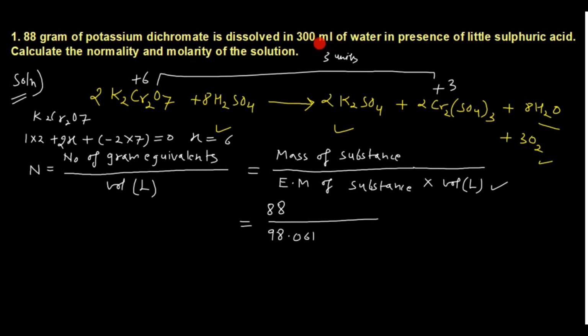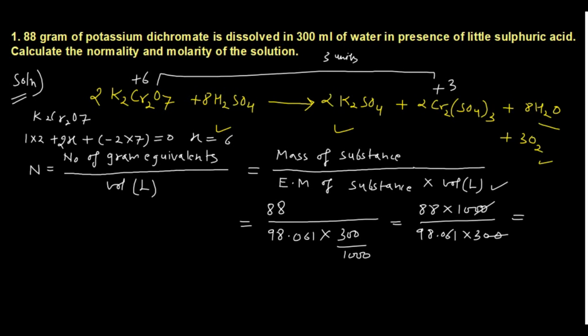So you need to convert this 300 ml into the liters. You know, when you divide 300 ml by 1000, then you will get the volume in the liters, right? So I am writing here 300 and I am converting it into the liters. So I am dividing it with the 1000, right? So what you will have, see, 88 times 1000 divided by 98.061 multiplied by 300, right? 300, 0 and 0 get cancelled, right?